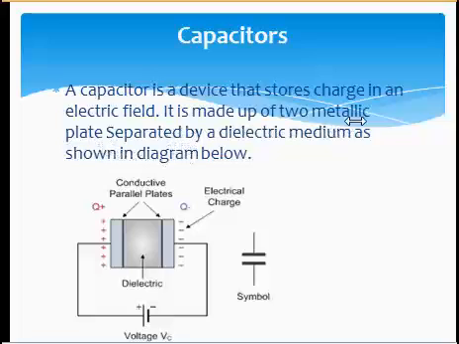Now a capacitor is made up of two metallic plates separated by a dielectric medium, as shown in the diagram below. I don't know whether this diagram is actually showing well, but I could draw.